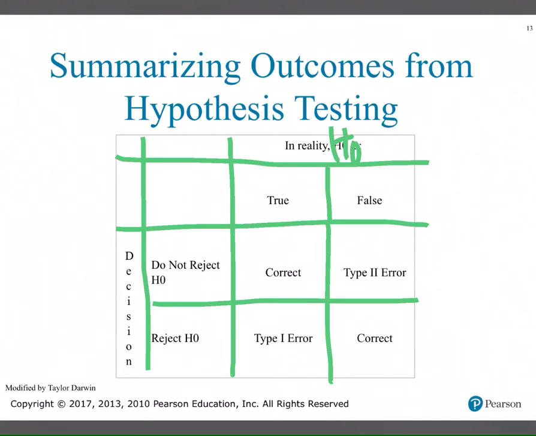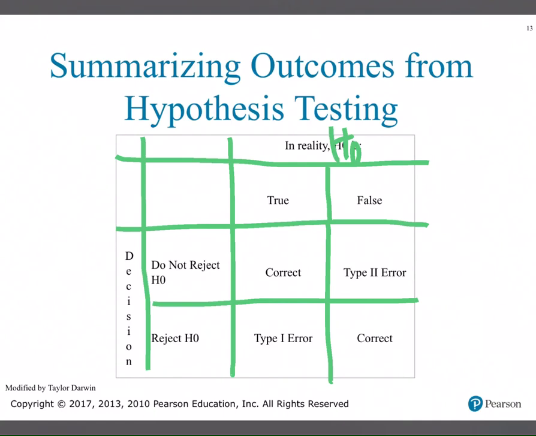If the null is true, the correct decision is not to reject, because that's saying we couldn't find evidence, so we do not reject. That's the correct way to go.